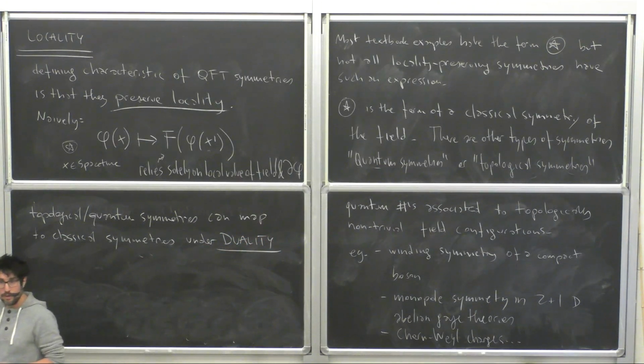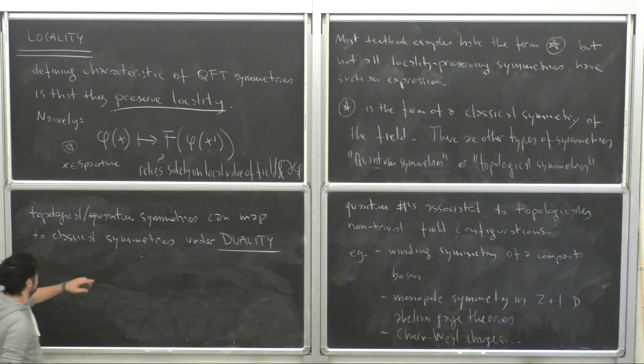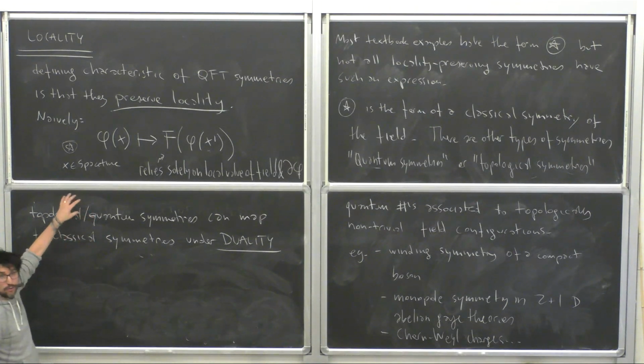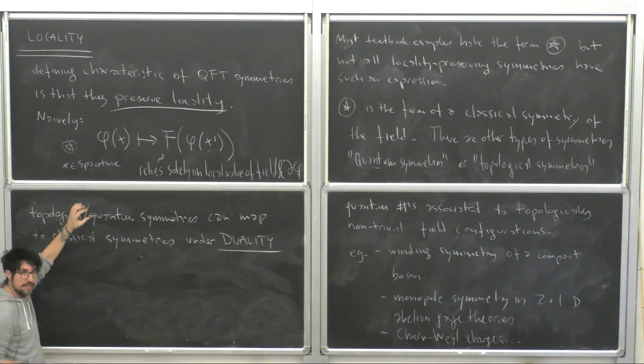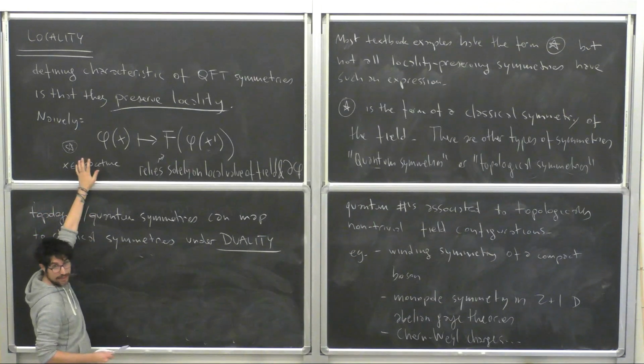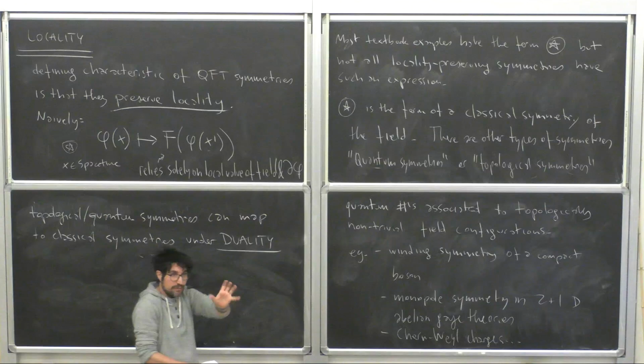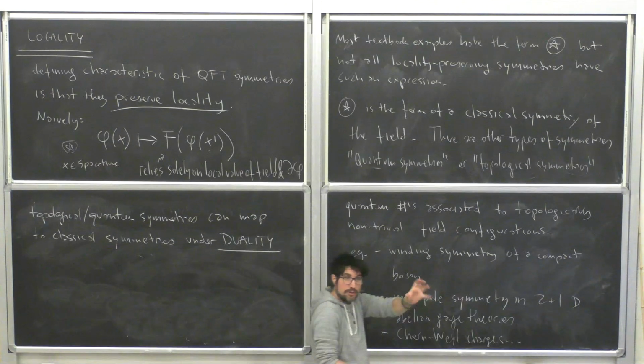Something magnetic in one duality frame becomes something electric in a different frame. So something that looks very quantum, very topological, very mysterious, becomes something very classical. It's just a matter of the duality frame at which you are looking at your theory.